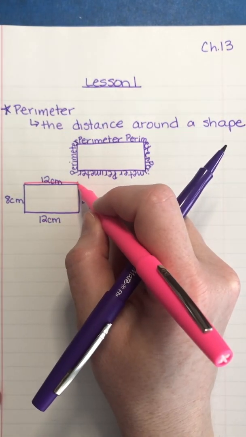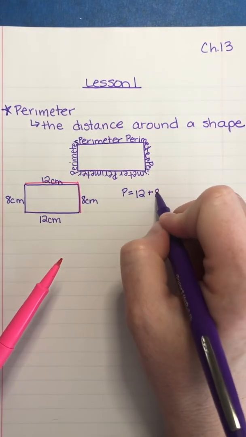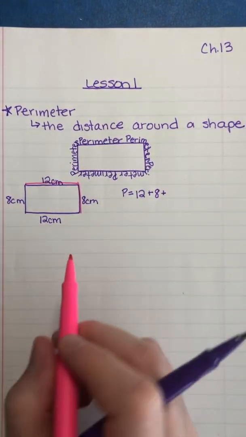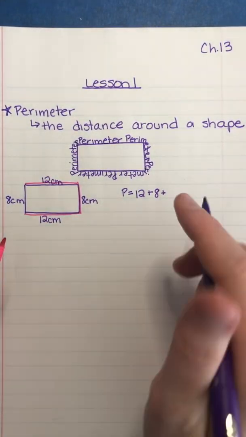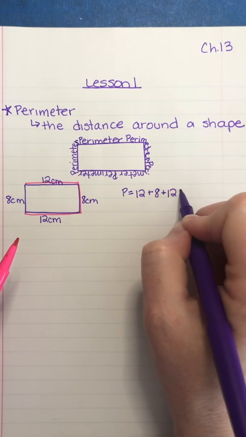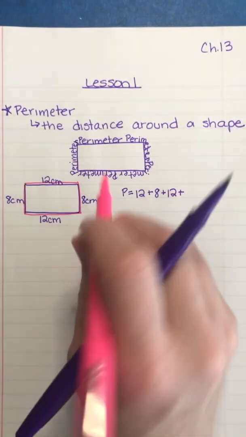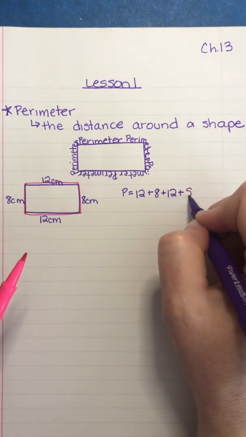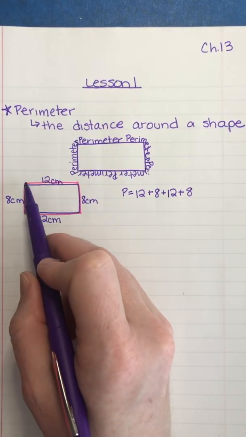Plus, well, as I continue my travels, I get to 8. So I'll add 8 in there. Plus, let me continue my traveling. 12 plus, and I've got one more side, 8. So I've got 12 plus 8 plus 12 plus 8.